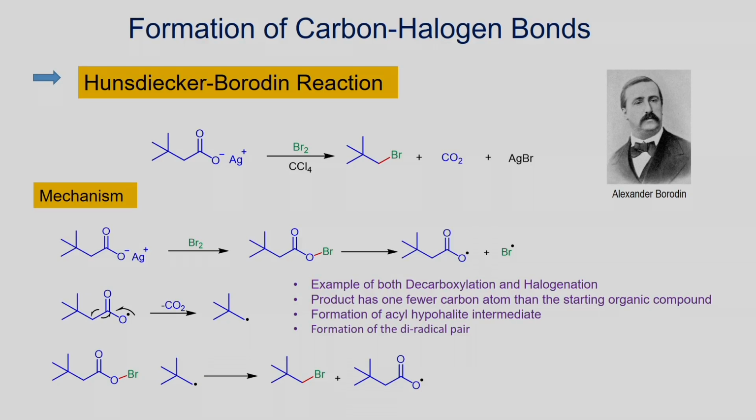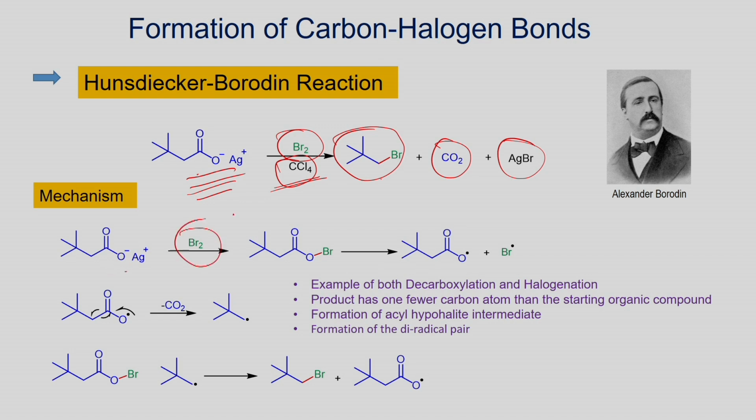Now let us look at another example. Here you have the silver carboxylate, and when you react it with bromine in CCl4 solvent, you will be able to form the alkyl bromide. You have the carboxylate, and in this reaction you lose carbon dioxide and silver bromide. The mechanism is shown here. When you have the silver carboxylate with bromine, you can form this intermediate.